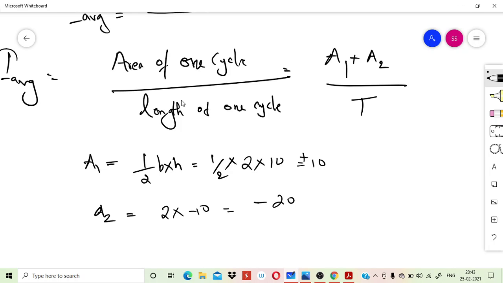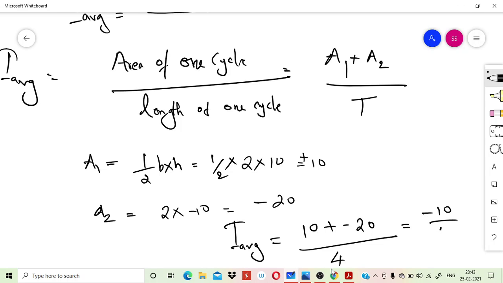Okay, so the average value I average is equal to A1 plus A2, that is 10 plus minus 20, divided by T, that is 4. That's equal to minus 10 by 4, that is 5 by 2, so minus 2.5.